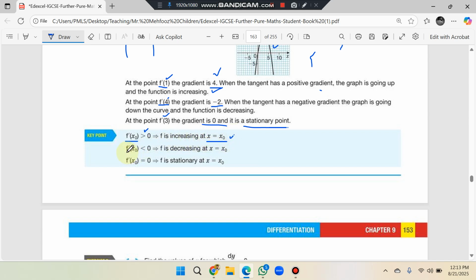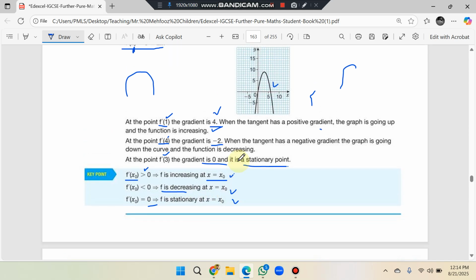If f prime of x naught is negative, the function is decreasing at that point. If f prime of x naught is 0, then f is stationary at x equals x naught. This is the key point. Do you understand this key point?